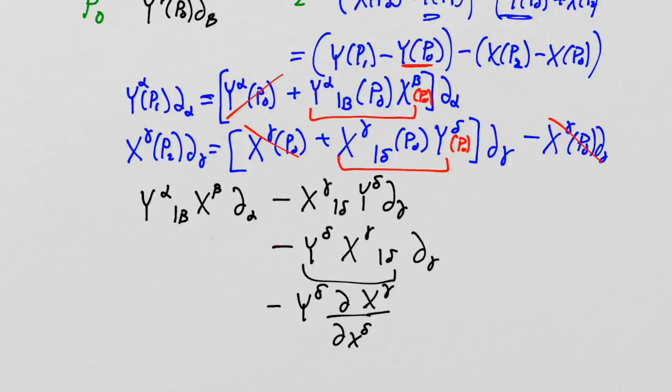Just throwing in the missing note. I guess the hidden notation is this. This is a function on the spacetime. That's what's missing. And then partial gamma. But now look at this.